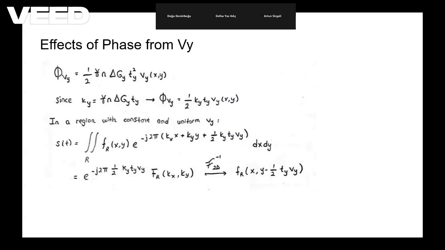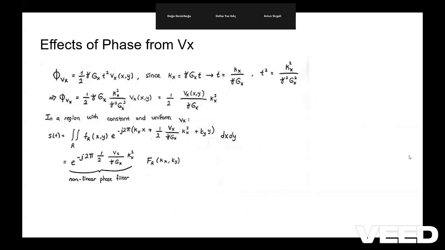However, we can approximately see the effect by assuming a constant and uniform Vy region in our image. Doing so will let us take the Vy term out of the integral and see that the reconstructed image using the inverse Fourier transform leads to a shift proportional to the Vy velocity magnitude.